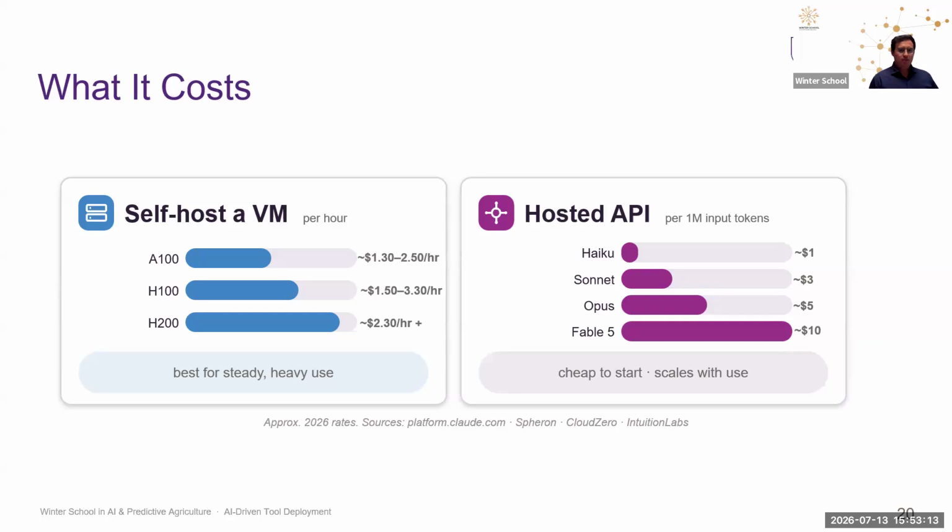When you're thinking about hosted APIs per 1 million tokens, and I hope you already know what a token is because we have covered it a few times today, here are some of the costs, right? So per 1 million tokens, you're looking at Haiku, for example, for Claude, $1, or like Fable 5, which was this latest AI model that was released recently. It costs around $10 per 1 million input tokens, right?